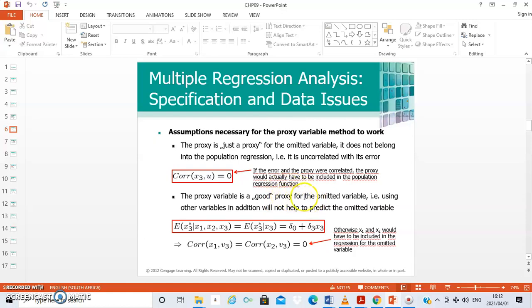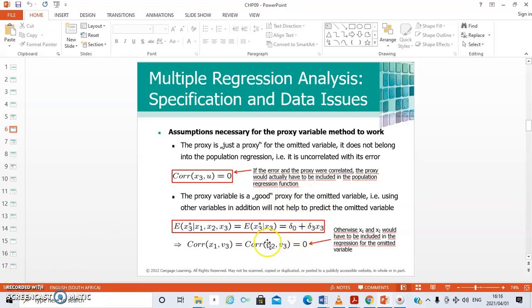It must only be used if all other variables that could be used will not help in predicting the omitted variable. That would also imply that the correlation between the error term of the proxy and the other existing explanatory variables should also be equal to 0, such that if you put x1, x2, and x3 in the model, you wouldn't have any problem. And it also implies that all these variables are not correlated with the error term.